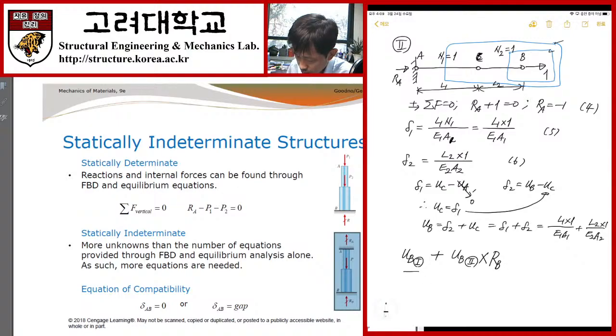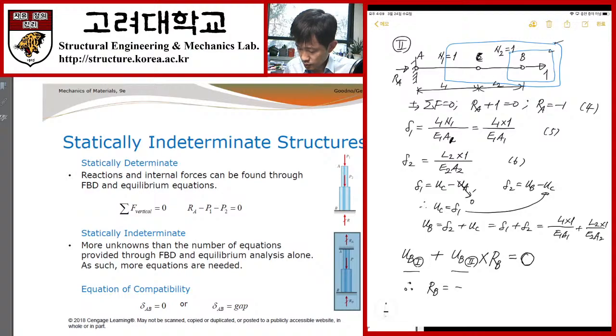Then the superposition of these two displacements should be equal to the original displacement at the boundary, which should be equal to 0. This is also a compatibility condition, the displacement compatibility condition. Then I can determine the reaction very easily.